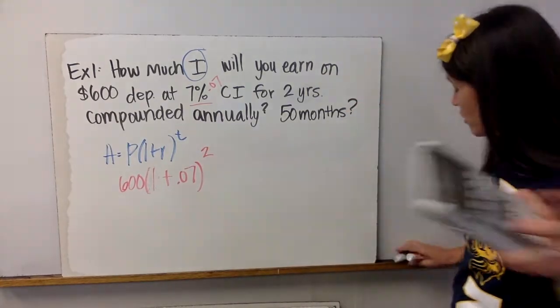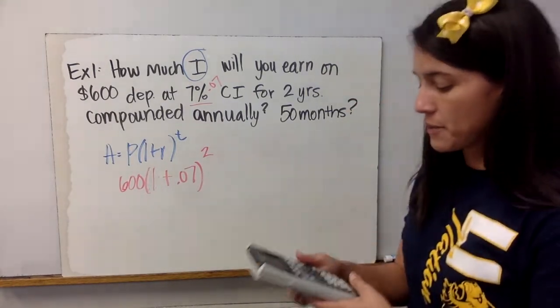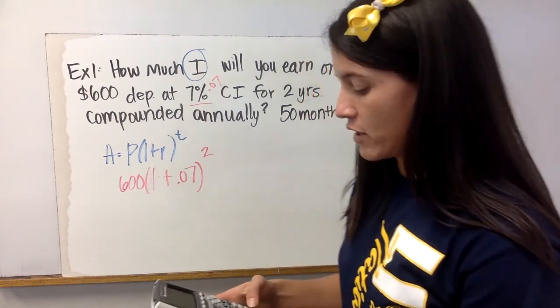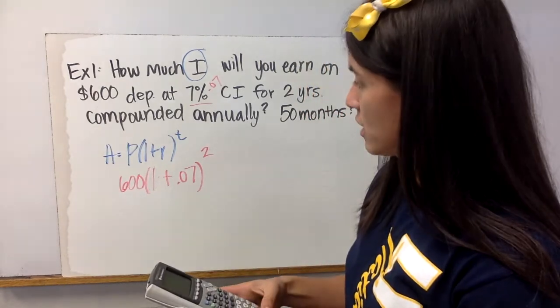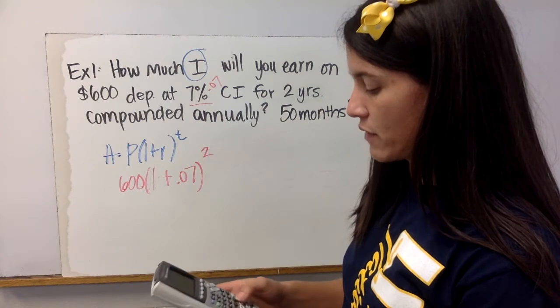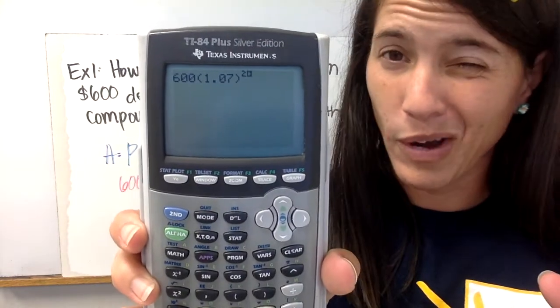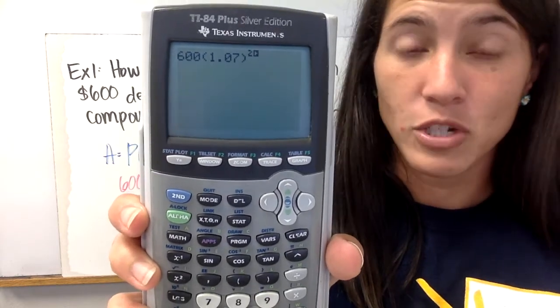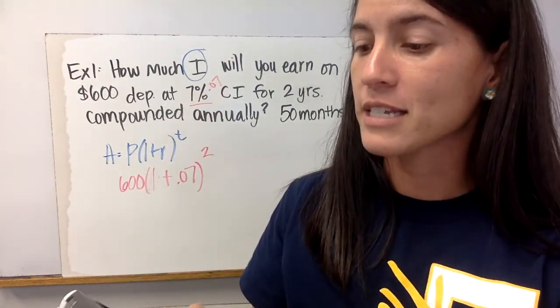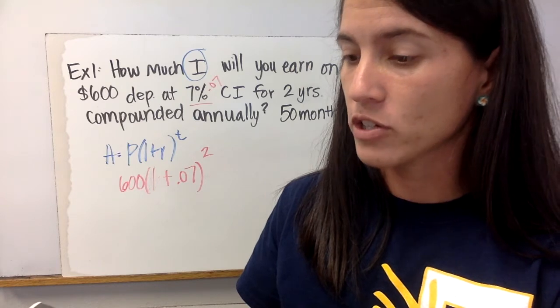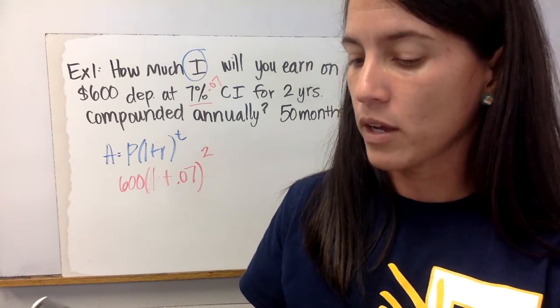If you have your calculator, I encourage you to just type this in, just like you see it: 600 times 1 plus 0.07 to the second power. I don't know if it might be backwards on yours. I went ahead and typed in 1.07, but you can also type in 1 plus 0.07.